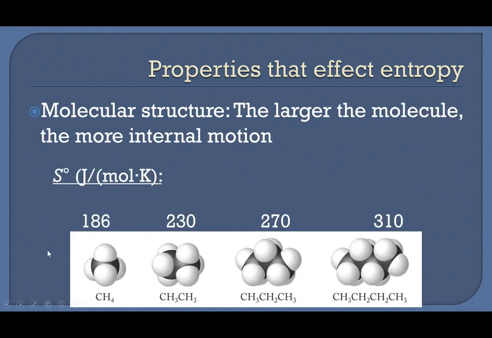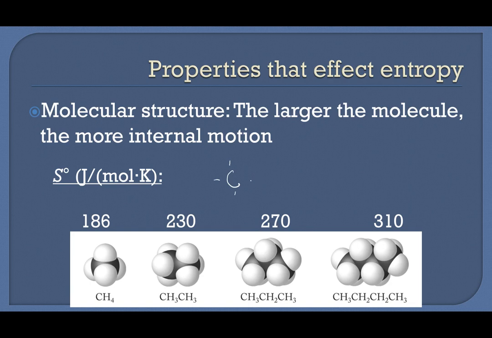We can also look at the structure for larger molecules. So not just necessarily the bonds within the molecule, but we could also look at the number of bonds as well. So here we've got some organic molecules. And what you'll see in organic molecules is we like to chain a bunch of carbons together. In the first molecule, we've got one carbon and it's got 4 hydrogens around it.